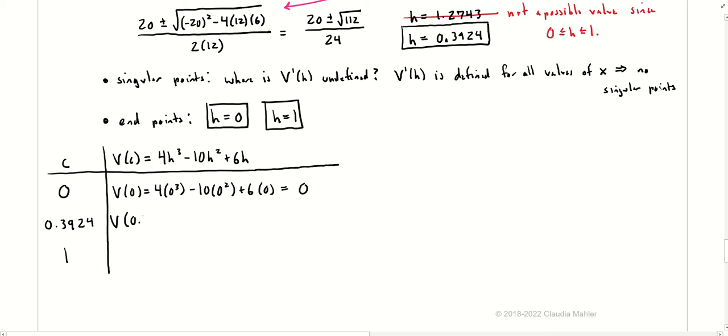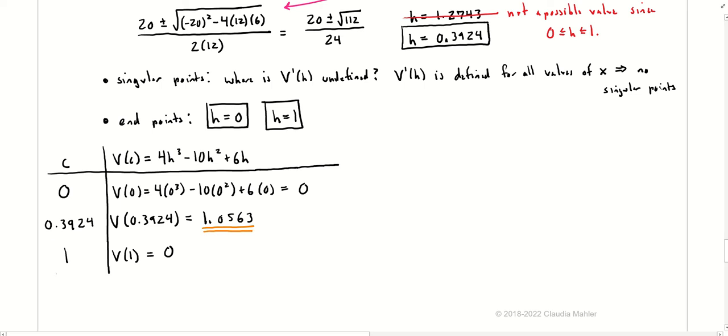The volume at 0.3924, just for the sake of space, I'm not going to write that in here, but it's the same thing. I'm just plugging in 0.3924 into each of my h's, and that's going to give me a volume of 1.0563. And then for volume at 1, same thing. I would plug in a 1 every place I see an h, and I would once again get 0. So this looks like it's my maximized volume.